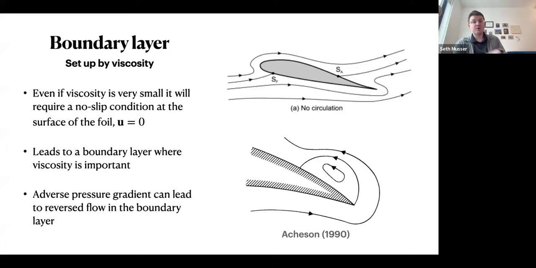So viscosity is important at the boundary layer around the foil. And there's an important dynamical effect that this boundary layer undergoes. So let's think about the foil as we just start to pull it with no circulation. We'll have an incredibly large velocity at the tail of the foil, which will lead to a very small pressure.